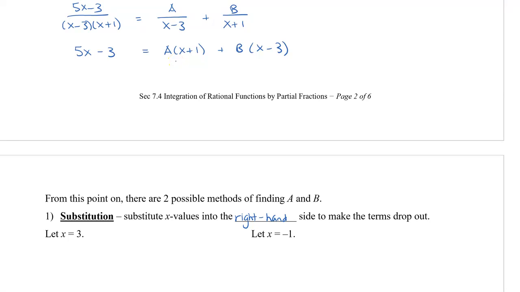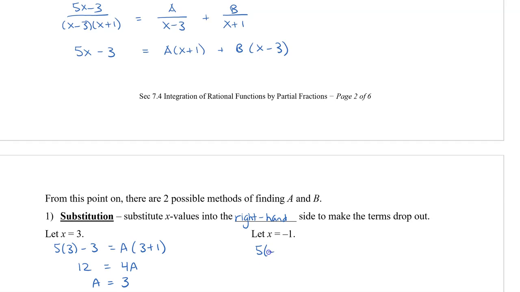So plugging in x equals 3, we get 5 times 3 minus 3 equals A times 3 plus 1. So we get 12 equals 4A, and then A equals 3. We can do something similar to find B. This time we're going to make x equal to negative 1, so that the A is multiplied by 0 and drops out.